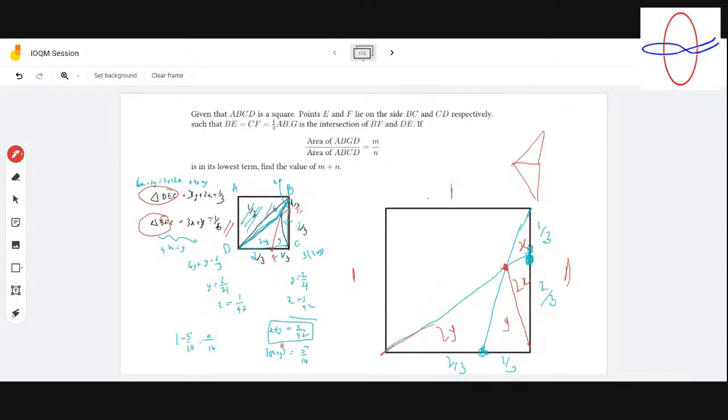So you get two linear equations from here. You solve to get x and y. We got y equal to 2 by 21 and x equal to 1 by 42. Observe that we need to find this area, which is thrice x plus thrice y, that is 3 times x plus y. We found it to be 5 by 14. So this area must be 9 by 14 because the total area is 1.